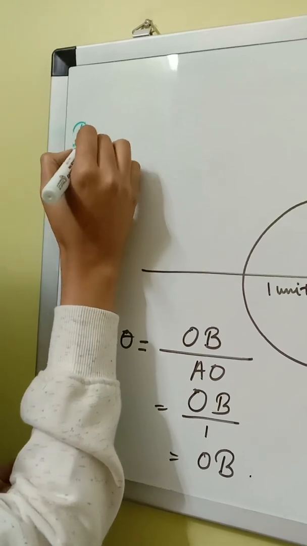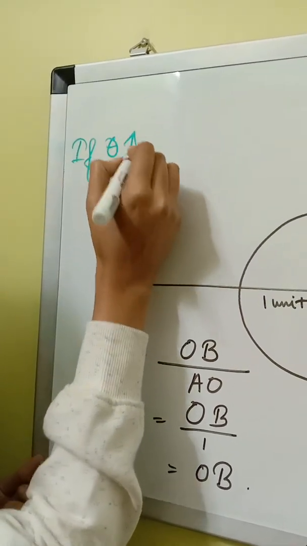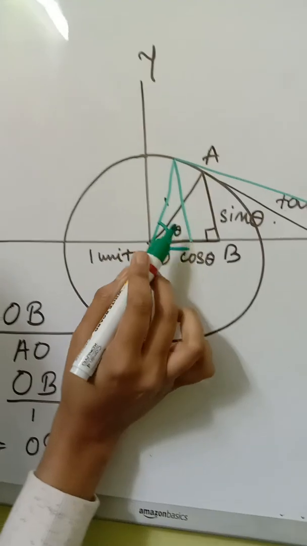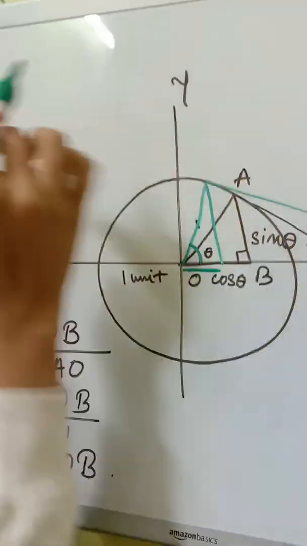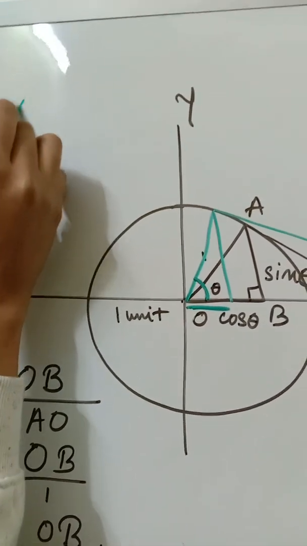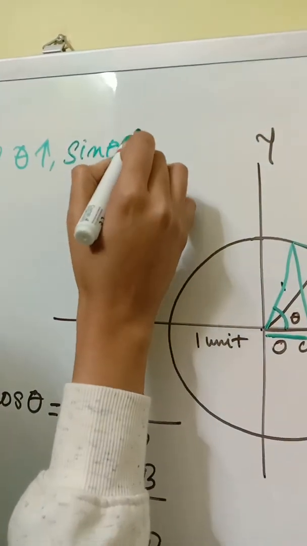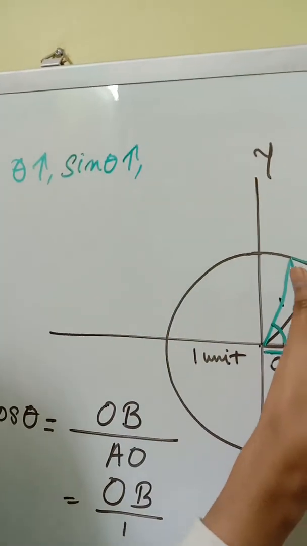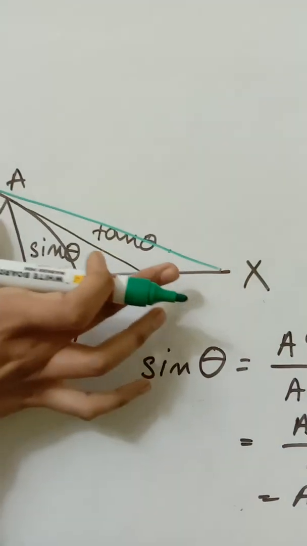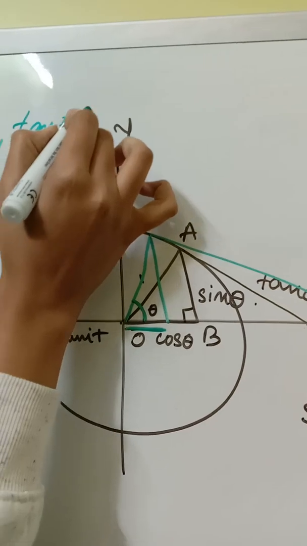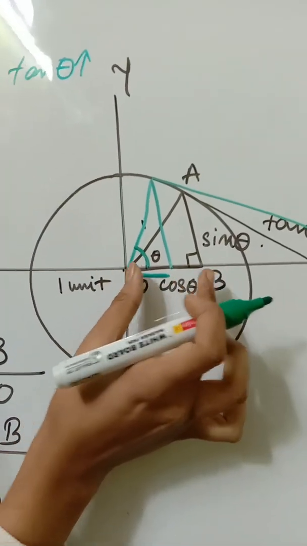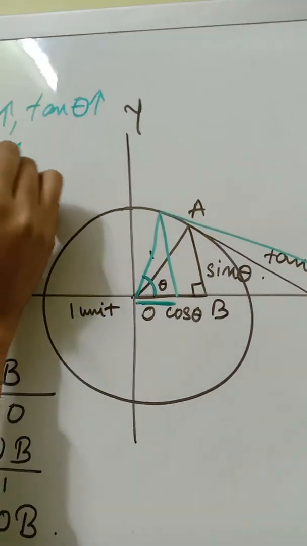So what will happen if the angle theta decreases? Then we will find that the cos theta will be greater than the original one, and the sine theta will be smaller than the original one, and the tan theta will be smaller than the original one. So what's the conclusion? That if theta increases, as is the case in this diagram, my sine theta has increased, the tan theta has increased, and the cos theta has decreased from the previous one.